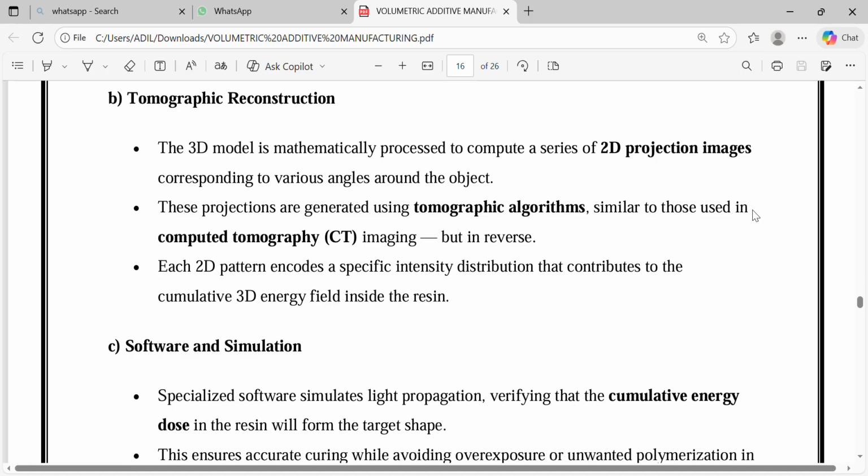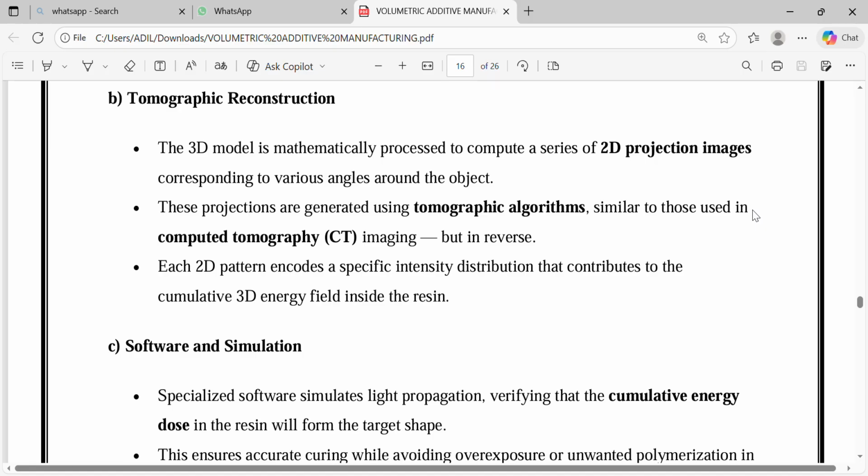Each 2D pattern encodes a specific intensity distribution that contributes to the cumulative 3D light energy inside the resin. Tomographic algorithms are used in volumetric additive manufacturing to reconstruct the 3D models, calculate projection patterns, and optimize print quality. Examples include Radon transform and filtered back projection.